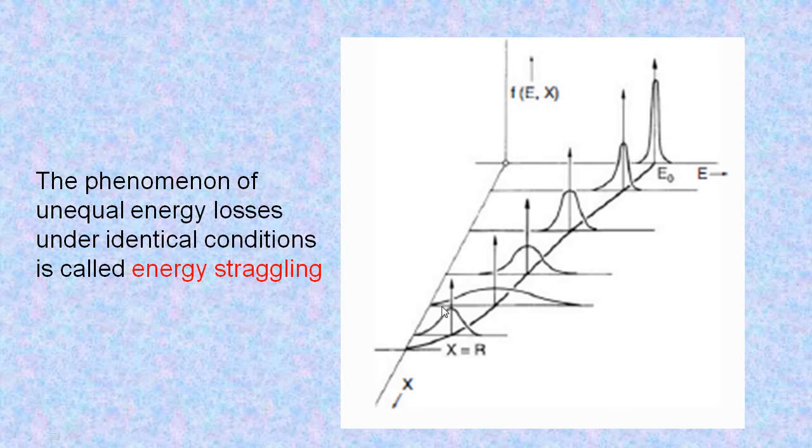It is decreasing, then it is increasing. So you can see that if you consider different points, here, here, here, here, and here, the energy losses are different. And this is the same material, that means under identical conditions. So this phenomenon of unequal energy losses under identical conditions is called energy straggling.